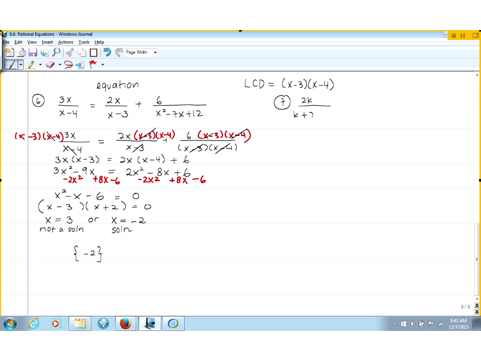2k over k plus 7 minus 1 is equal to 1 over k squared plus 10k plus 21 plus k over k plus 3.